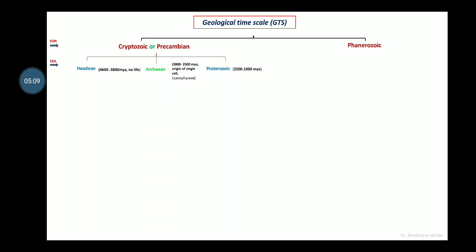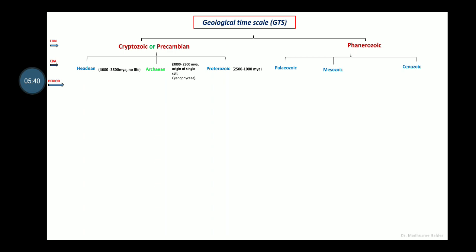And in Proterozoic era, almost 1000 to 2500 million years ago, some Cyanophycean members were found. In case of Phanerozoic eon, there are also three different eras. One is called Paleozoic, another one is Mesozoic, and the last one is Cenozoic era.